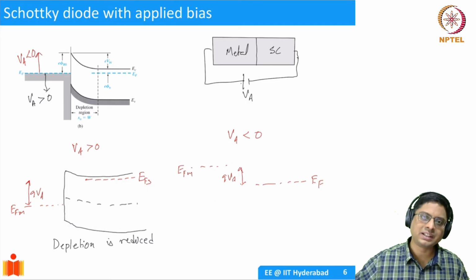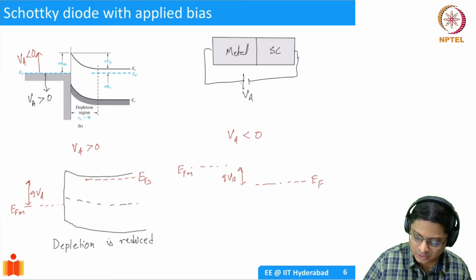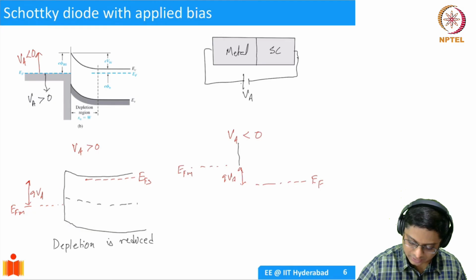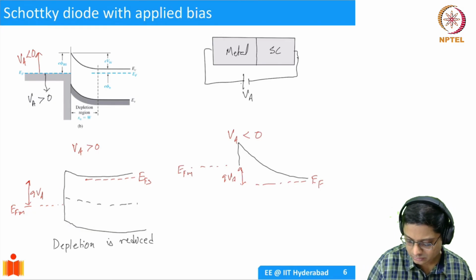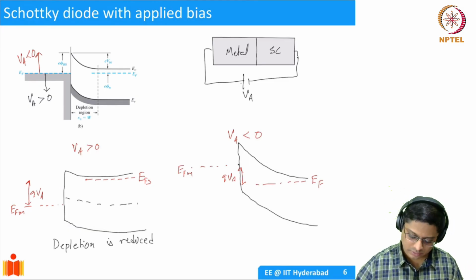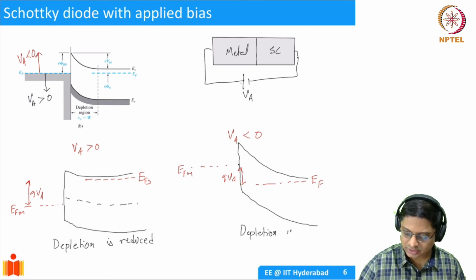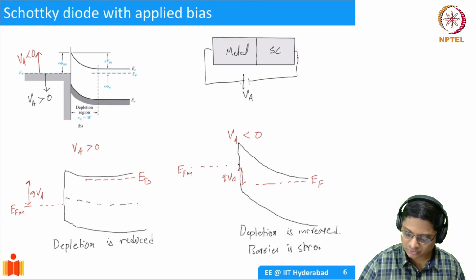You are repelling the electrons from the junction, not helping the process of electrons at the junction. So what happens now is you will have a stronger barrier. Depletion is increased now. The barrier is stronger, or rather the built-in potential is stronger, you would say.